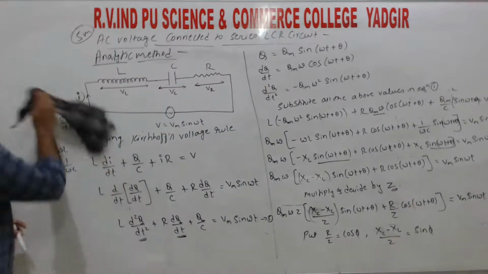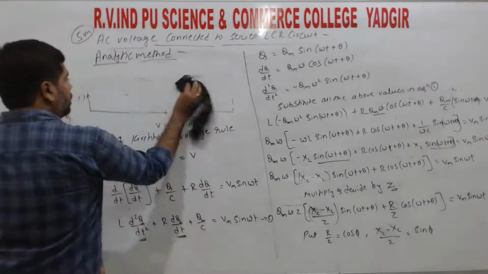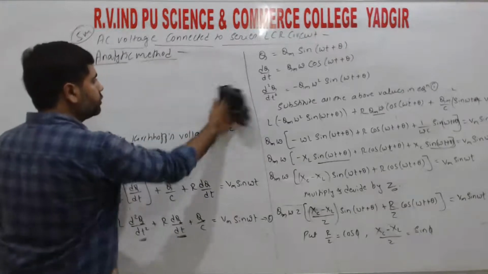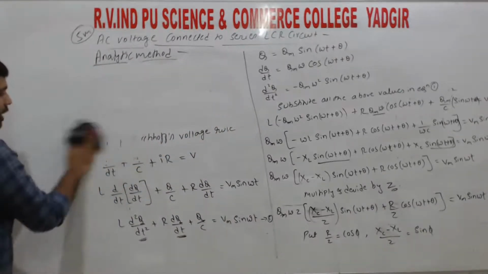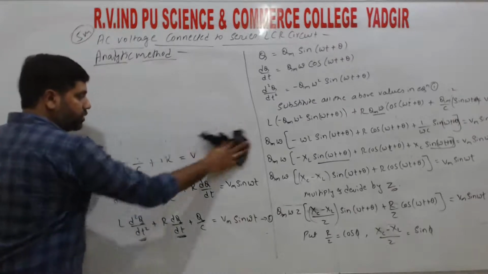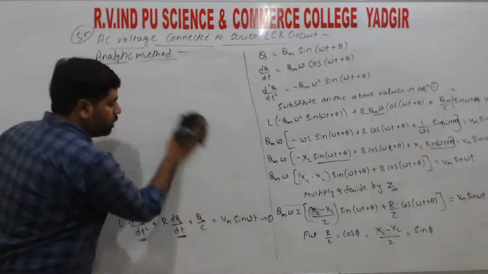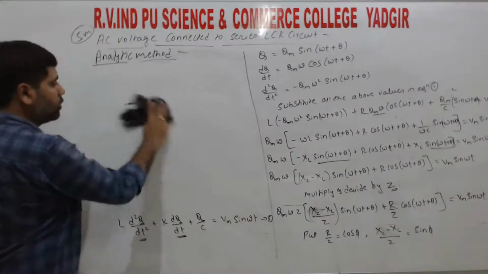So tumba lengthy ಇದೆ, but it is based purely on mathematics. So substitution and simplification. In the previous phasor diagram we used, ನಮಗೆ physics ಇತ್ತು, but the analytic method is purely based on mathematics, right?